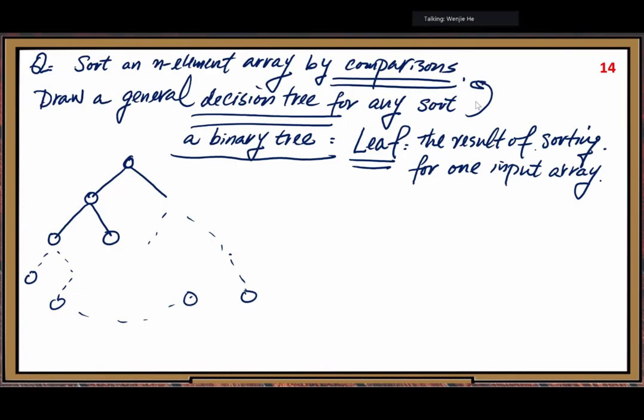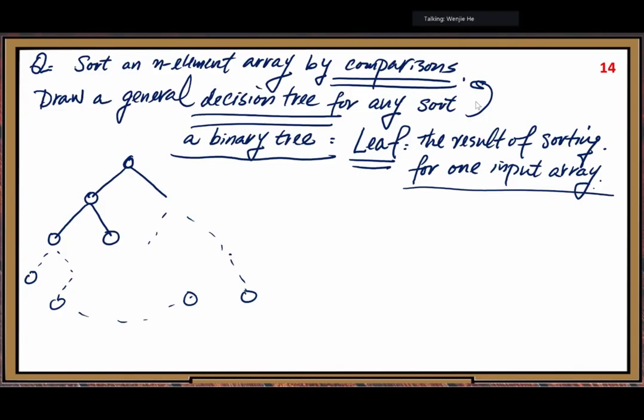Because if your input data is different, the order is different, then when you follow the decision tree branches, you will end up with a different leaf node. So your destination will be a different leaf node for one input array.